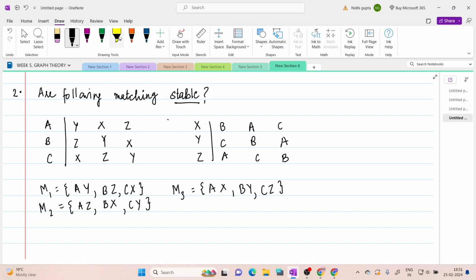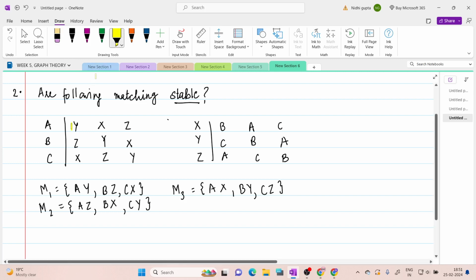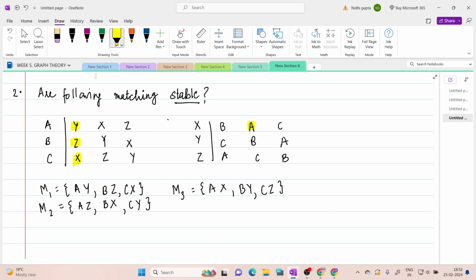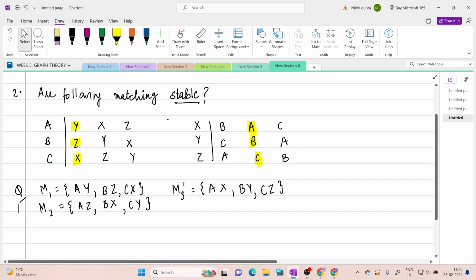The first matching is AY, BZ, CX. So is this matching stable? Is M1 stable? What do you think?